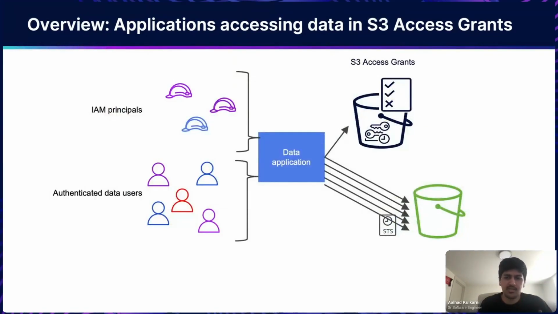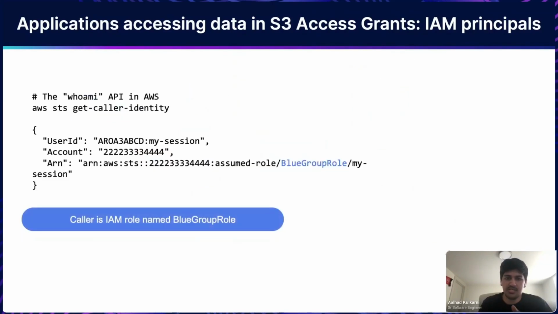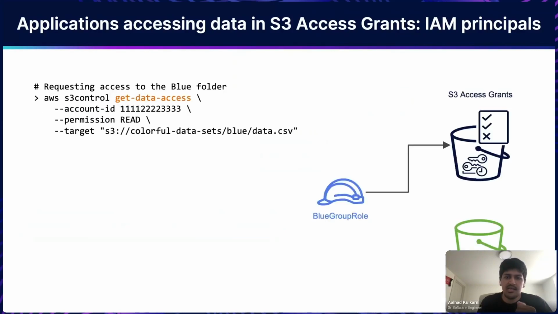Again, very similar to a session broker pattern, you have IAM principals. So let's talk about IAM principals today. You go to the data application, you go to S3 Access Grants to get temporary credentials, then you talk to the S3 bucket. So this is my blue group role. This is my Who Am I API in AWS. I go to S3 Access Grants to say get data access.